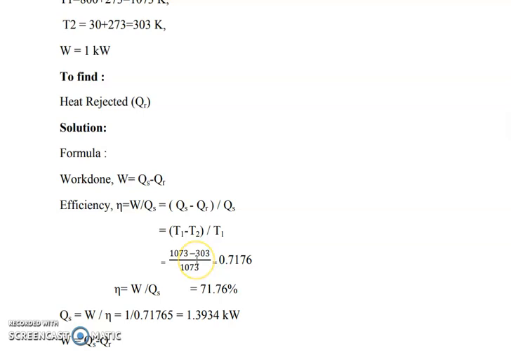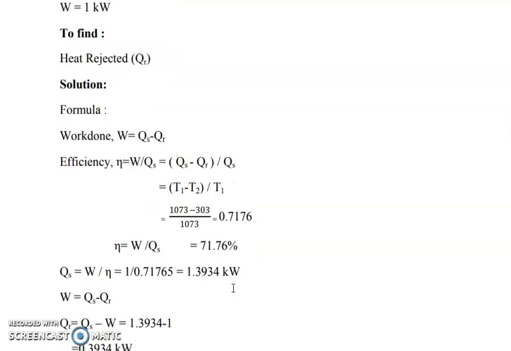If you simplify this, you get 0.7176. The efficiency is always represented in percentage, so multiply by 100, and it becomes 71.76%. So for the given condition, the efficiency of the heat engine is 71.76%.